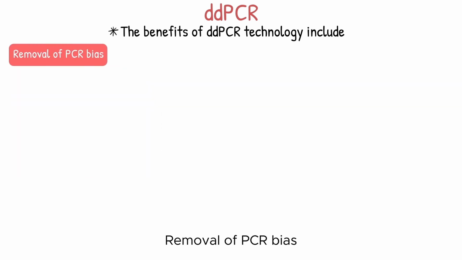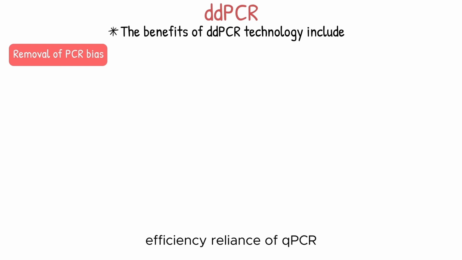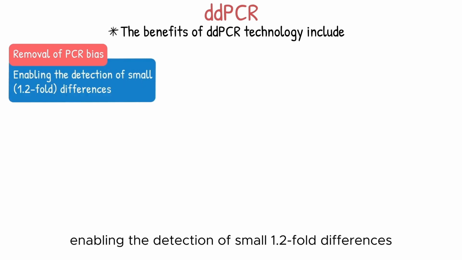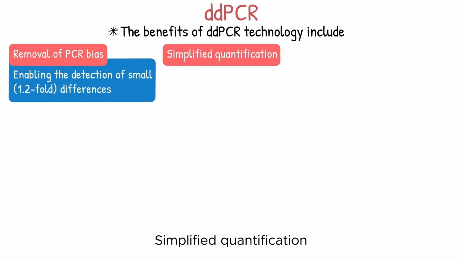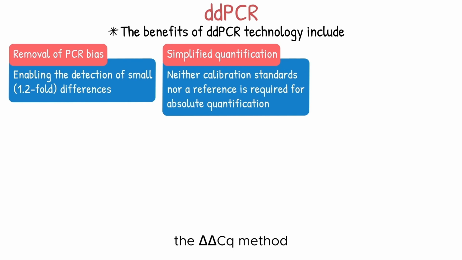Removal of PCR bias. Error rates are reduced by removing the amplification efficiency reliance of qPCR, enabling the detection of small 1.2-fold differences. Simplified quantification. Neither calibration curves nor a reference to the delta-delta Cq method is required for absolute quantification.